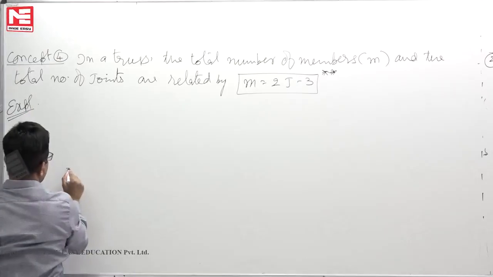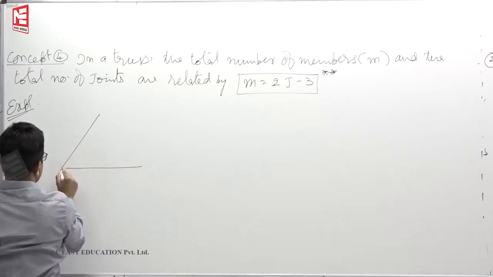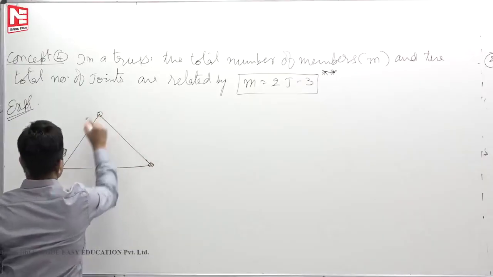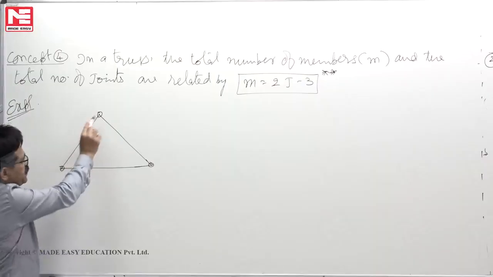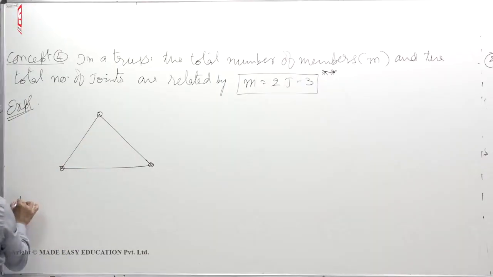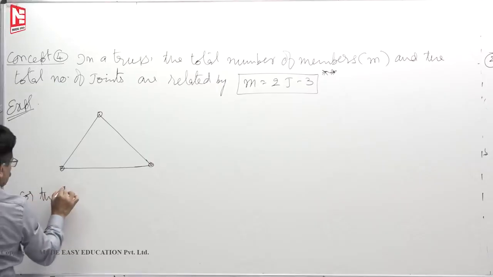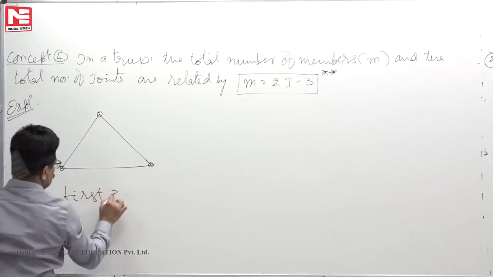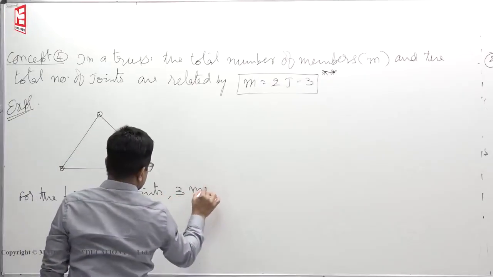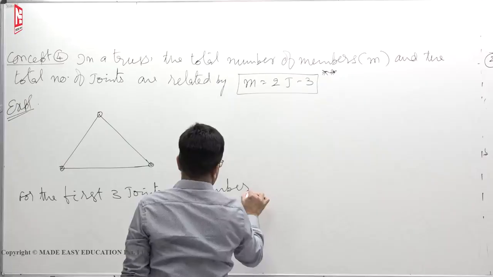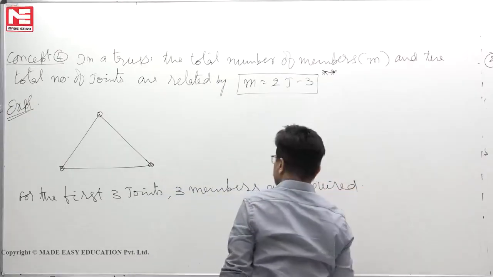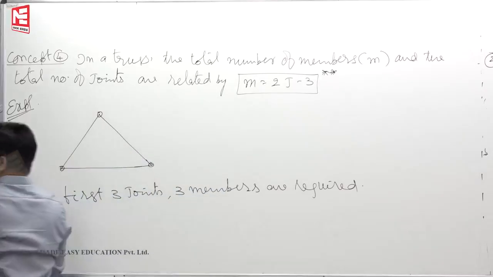Assume that you want to build one truss. First one is, for the first 3 joints, number of members are 3. For the first three joints, three members are required. Now such panels, we call them as panels.